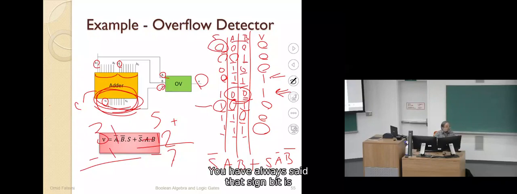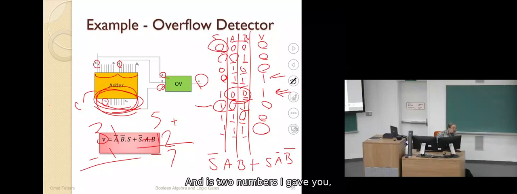We have always said that the sign bit is the most significant bit. Your question was that? Did I understand correctly? A and B are two numbers. I give you, for example, 5 plus 12. What is 5? 5 is 4 plus 1.